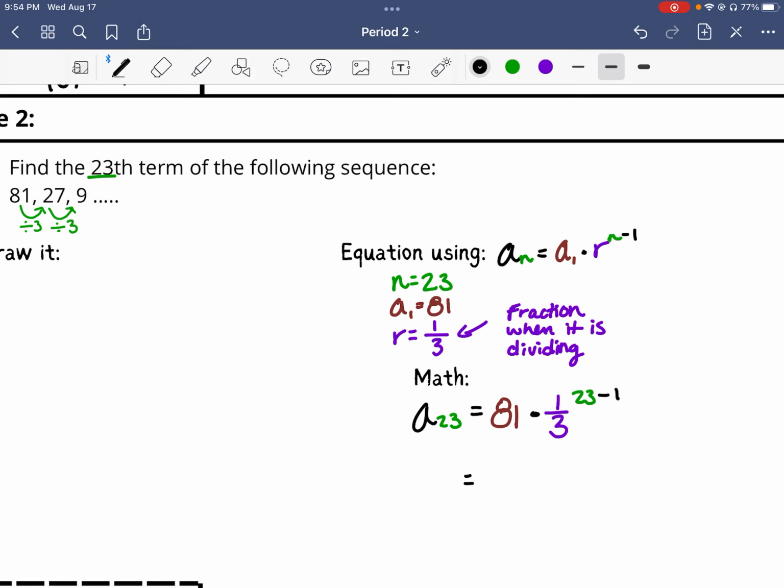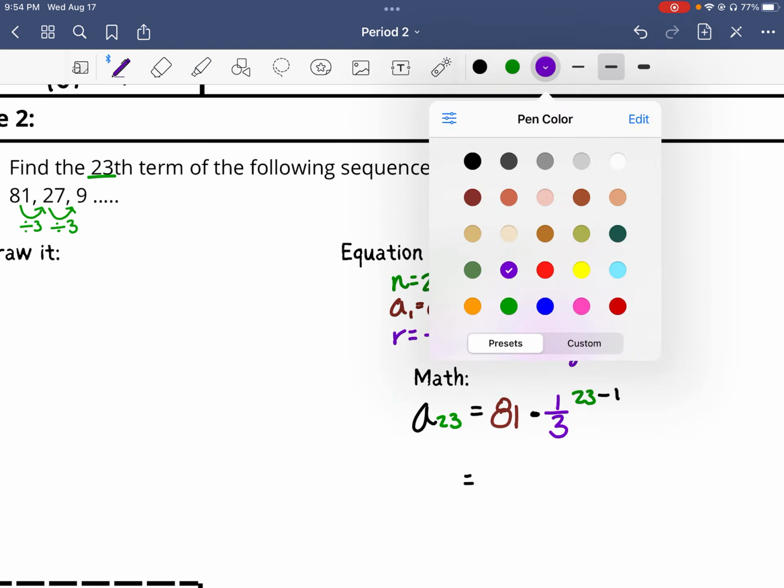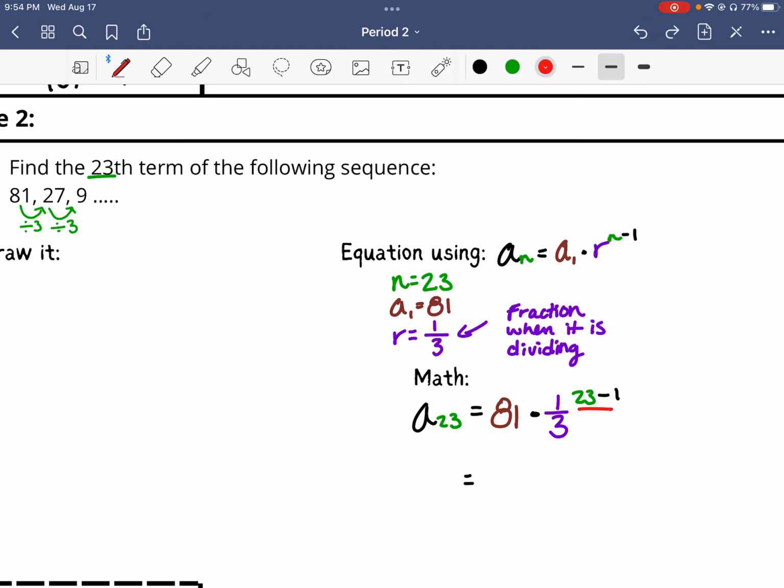Let's clean this up. Again, I have to clean up this exponent because it's very messy. So it's going to be 81 times 1/3, and I'm going to use parentheses because it's a fraction, to the 22, since 23 minus 1 is 22.